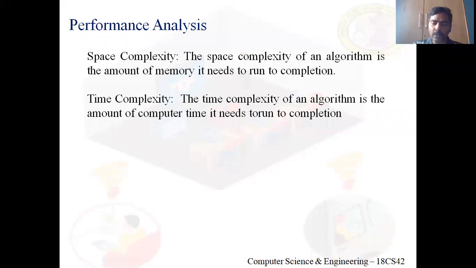One is space complexity. The space complexity of an algorithm is nothing but the amount of memory it needs to run to completion. I mean the space your algorithm occupies in memory for complete execution.